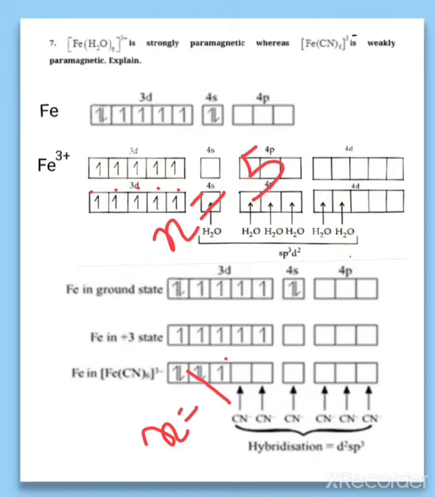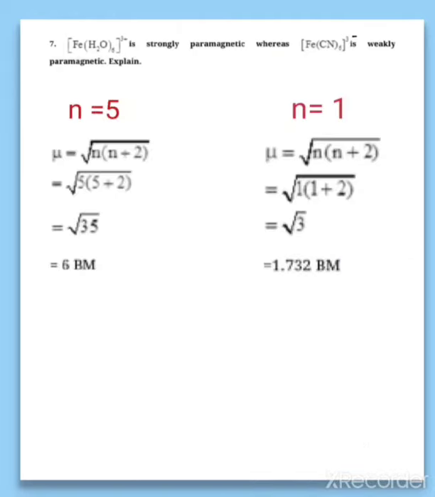So 5 unpaired electrons are there in the first complex and 1 unpaired electron in the second complex. Now let us find the mu value for both. The value of mu can be calculated from the spin only formula, that is square root of n into n plus 2. So here the value of n is 5 for this complex.